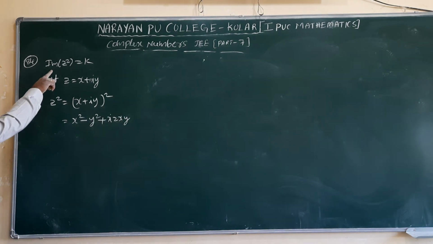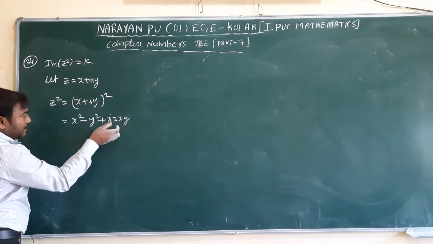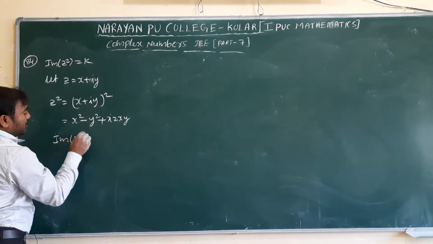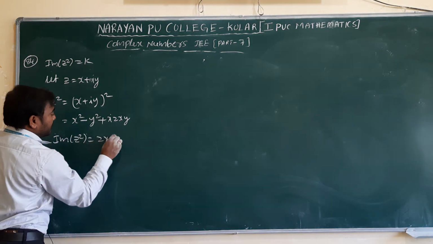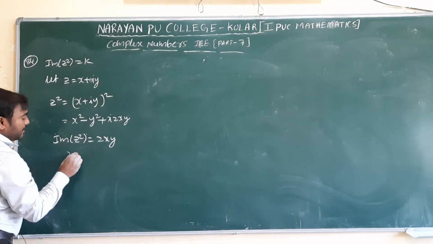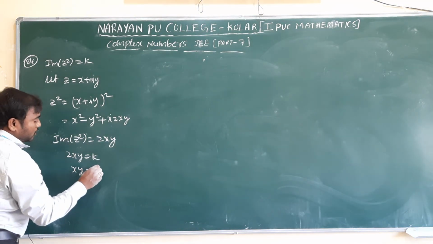Here the imaginary part of z square is equal to k, as given. The imaginary part of z square is 2xy, so 2xy is equal to k, and xy is equal to k by 2.